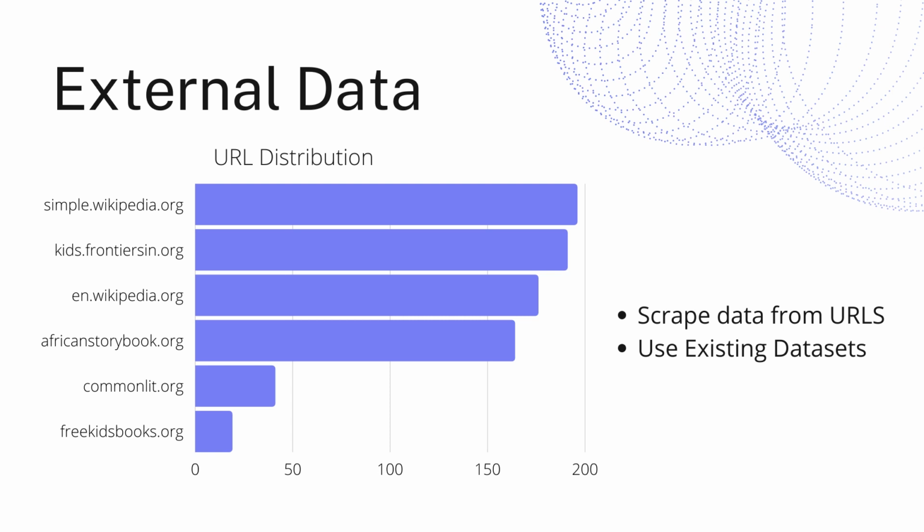If you don't know about Simple Wikipedia, it has Wikipedia articles, but in a simpler language, as the name suggests, meaning better readability. The solution uses scraped data from the URLs and also some existing datasets. Some of them are readily available in the Hugging Face datasets library.